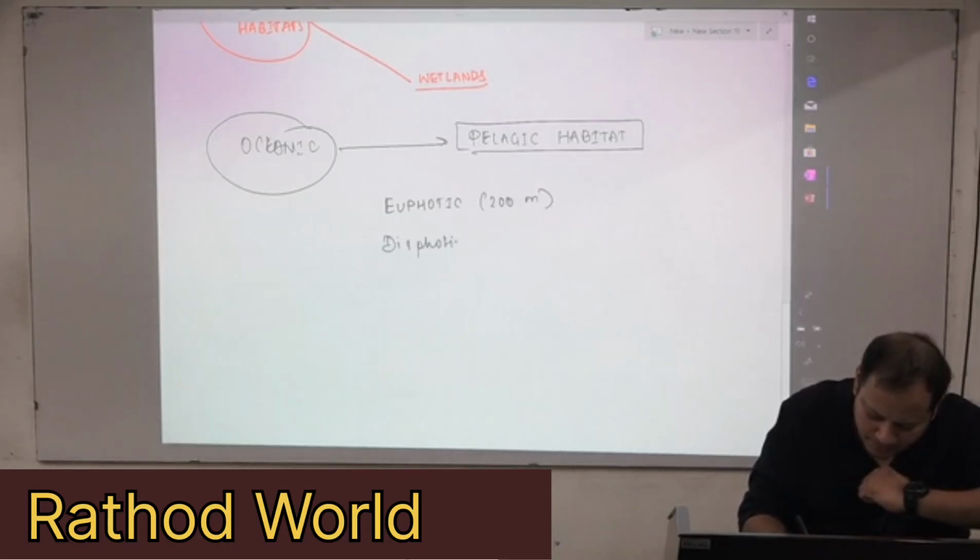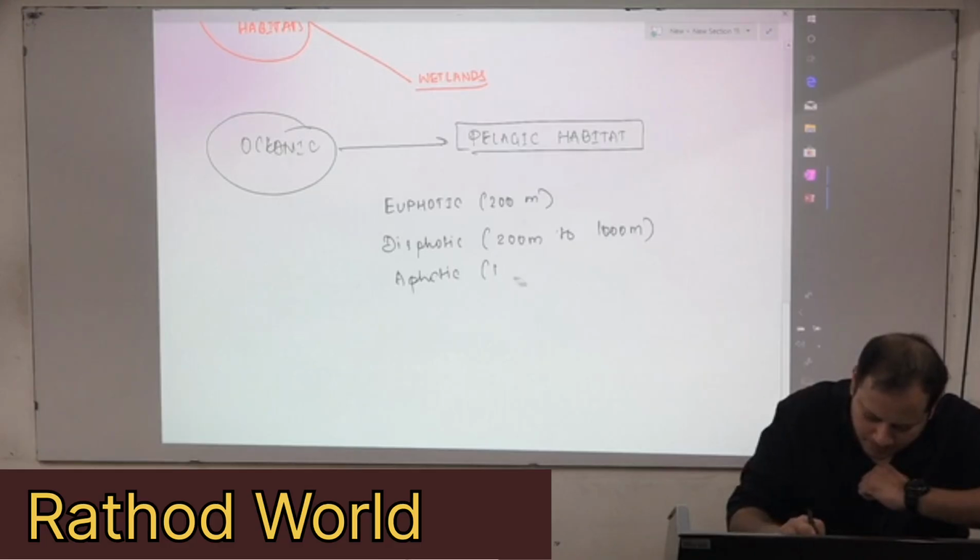Dysphotic, 200 meters to 1000 meters. Aphotic, beyond 1000 meters.